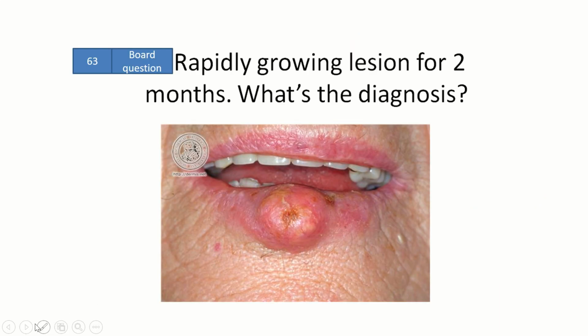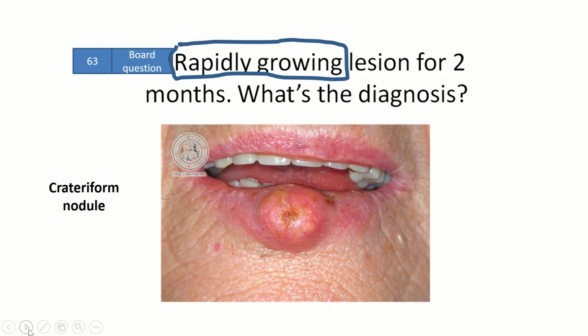And here you see a solitary nodule on the lower lip since 2 months ago with a rapidly growing speed, indicative of keratoacanthoma.